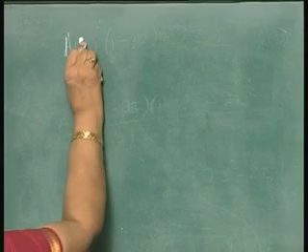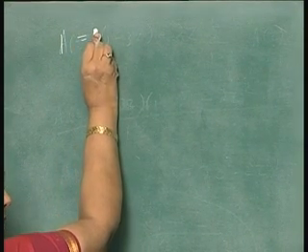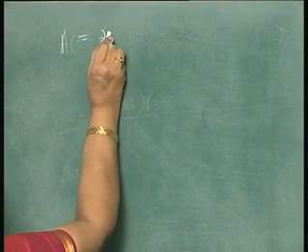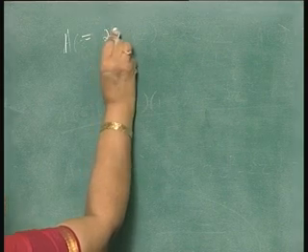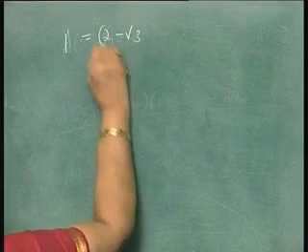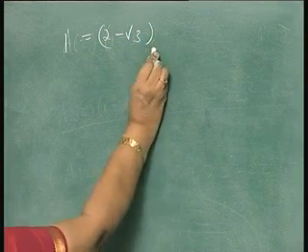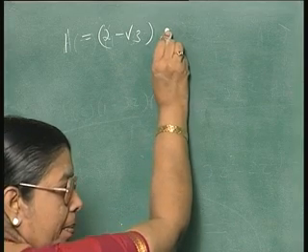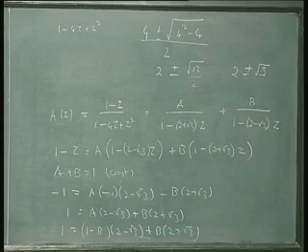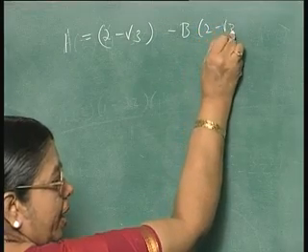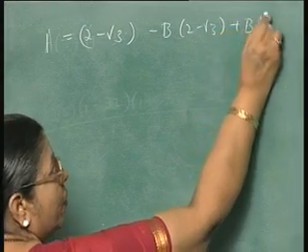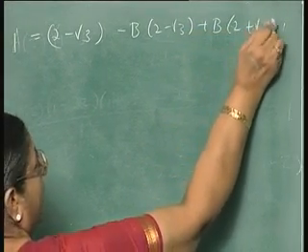Get 1 is equal to 2 minus root 3 minus b into (2 minus root 3) plus b into (2 plus root 3).